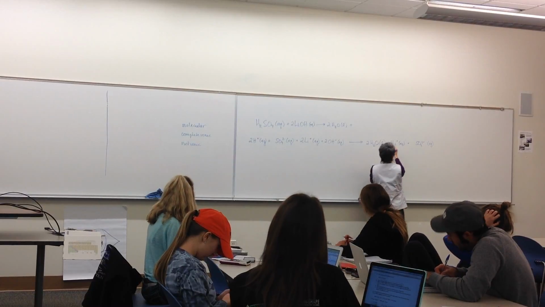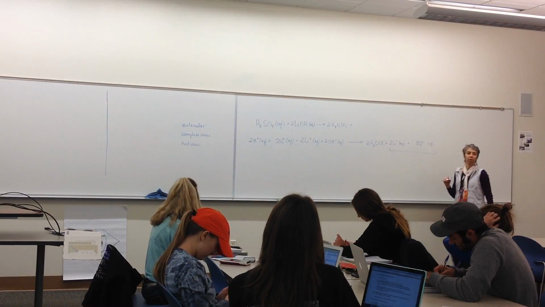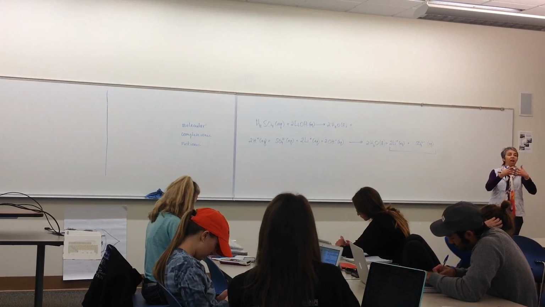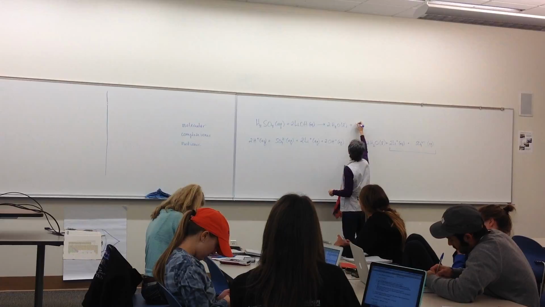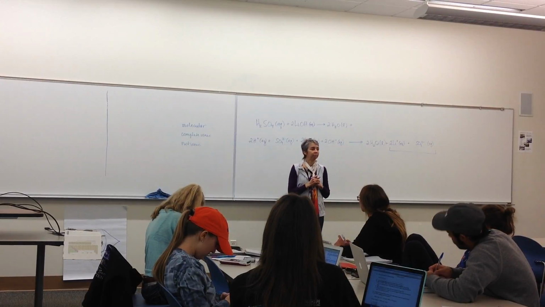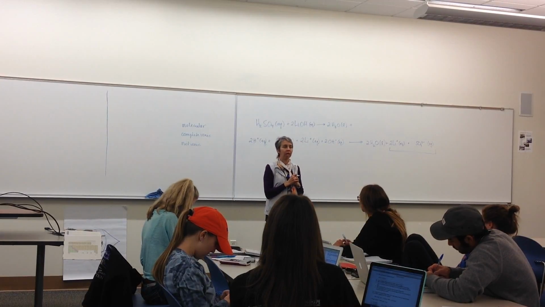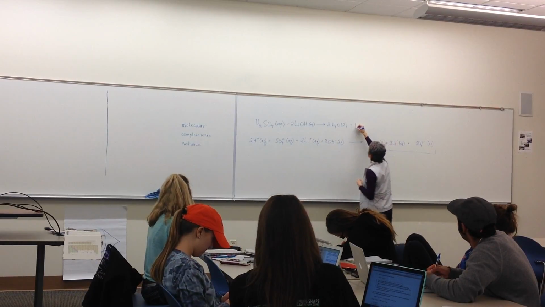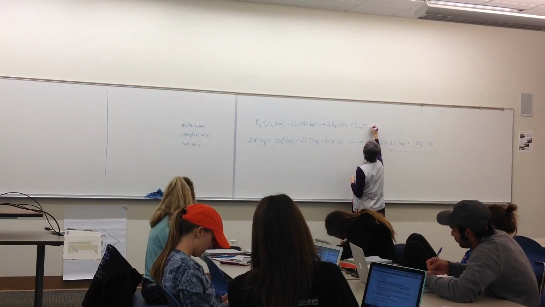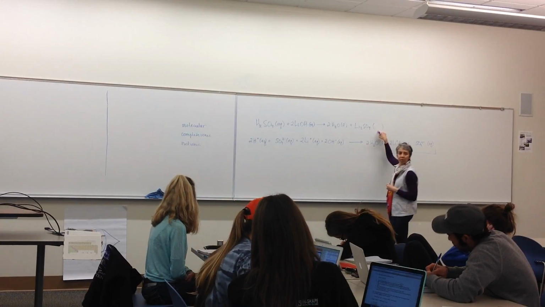Do I write this, or do I write something different? We're going to put it together as though it were together in solution. Now, how do I write that? Li2SO4. Li2SO4. You buying that? And what do I put here?